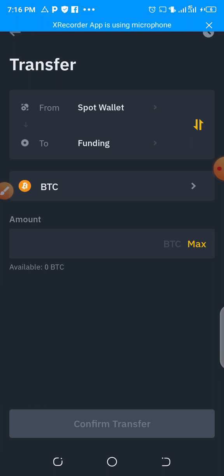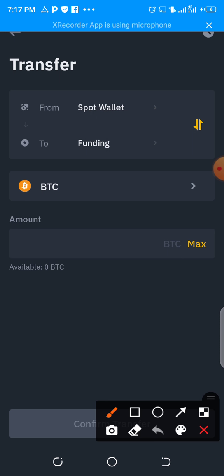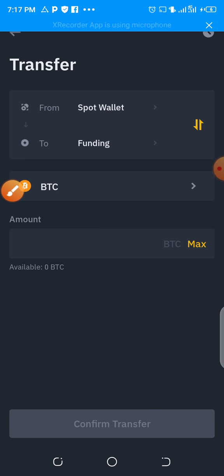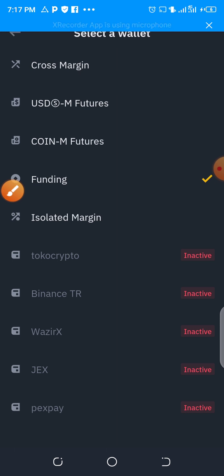But mind you, we are dealing with futures trade now, so I'm about to transfer from spot wallet to my futures wallet. I'm going to touch the funding option.